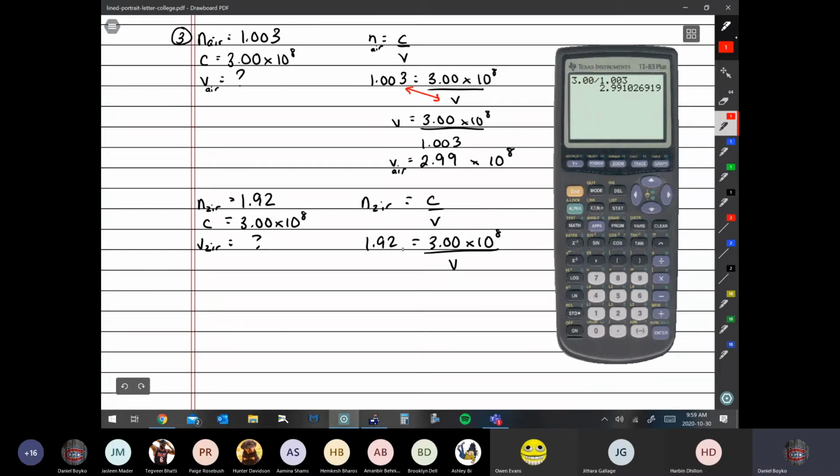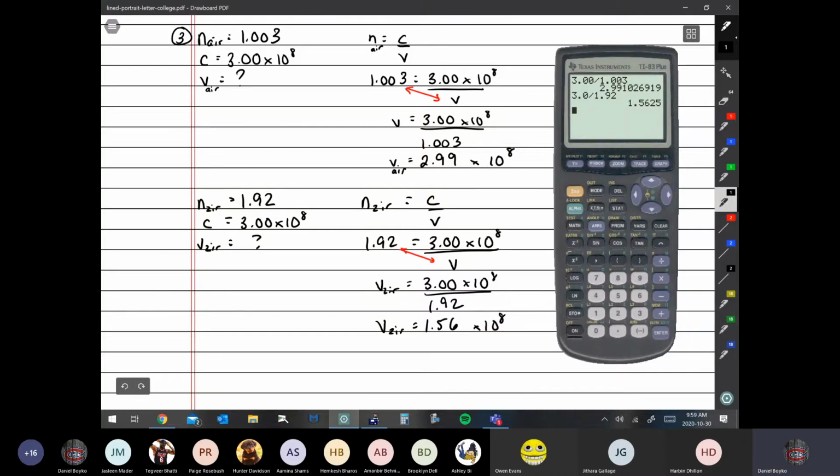Again, we'll just use our quick trick here, swapping the positions, and then V of zircon is 3 times 10 to the 8 over 1.92. So 3 divided by 1.92 is 1.56.